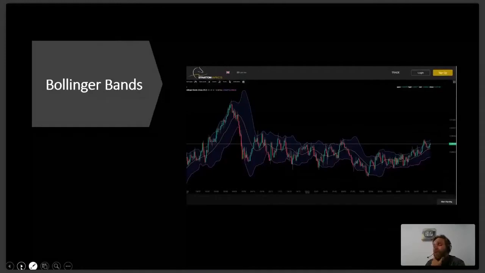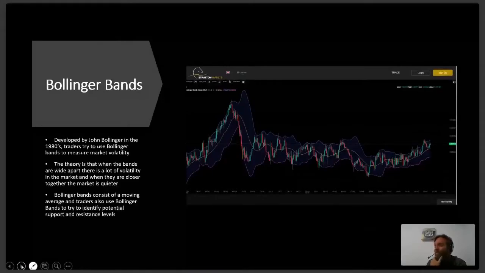Bollinger Bands. This is another very popular, very keen indicator which is used. Now, Bollinger Bands were created, again, they're incredibly creative with these names, by a chap, surprise, surprise, called John Bollinger in the 1980s.